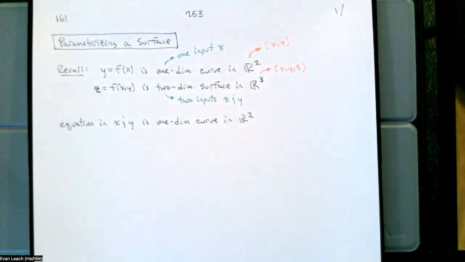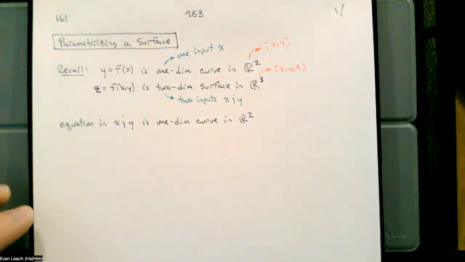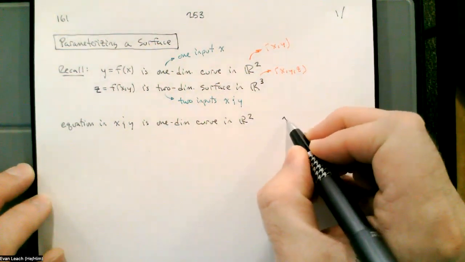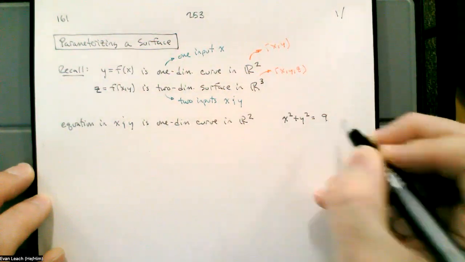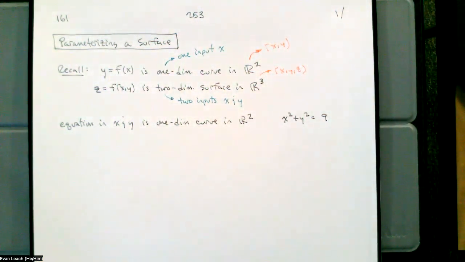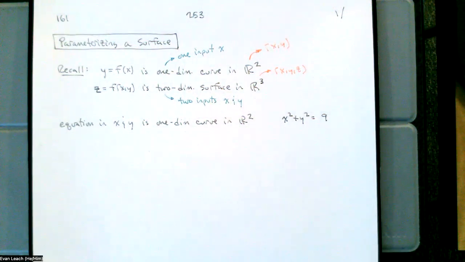R2, because the only variables I put in play are x and y. And I made a relationship between the two, and I end up with a curve. So for example, x squared plus y squared equals 9. It's going to be a circle in R2.